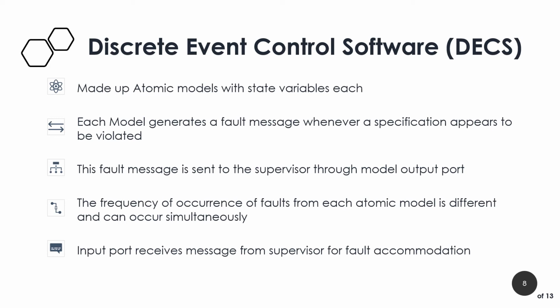So within the discrete event control software, multiple faults can happen at the same time, and each of these models would send their outputs to the supervisor. The discrete event control software also has an input port where it can receive a message for fault accommodation or handling from the supervisor as well.